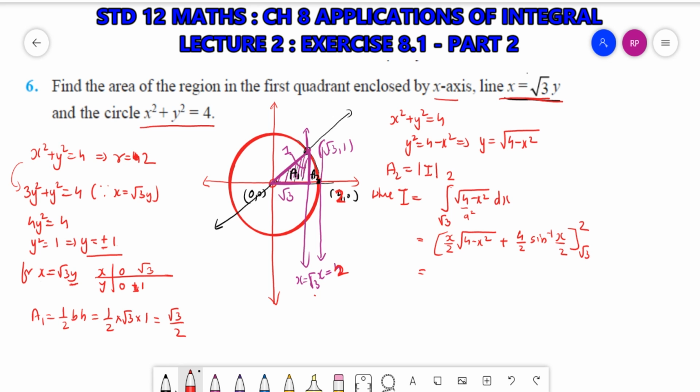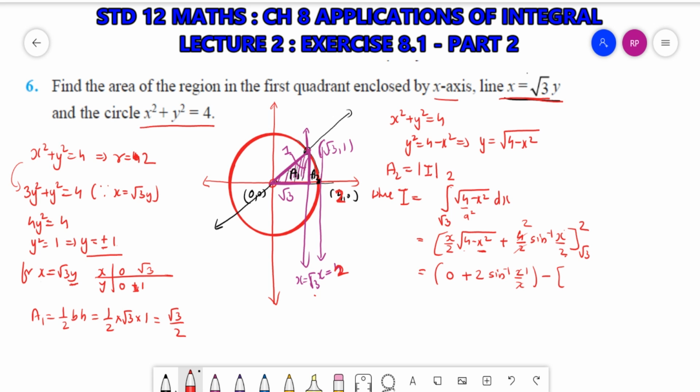Now first we put the value 2. 2 square is 4, 4 minus 4 is 0. So the first term will be 0 plus 4 by 2, that is 2, sin inverse 2 by 2, that is sin inverse 1.